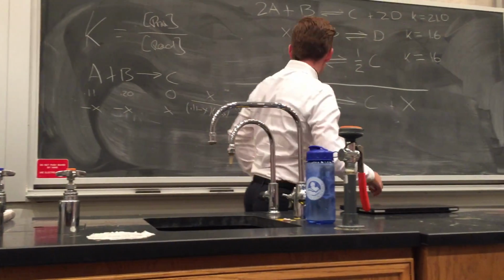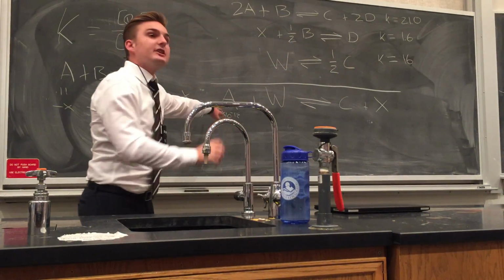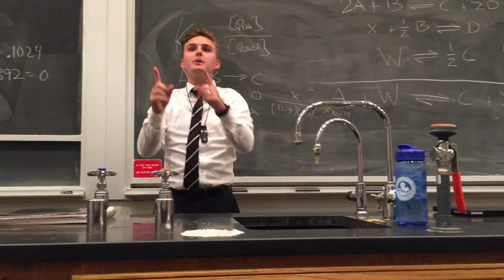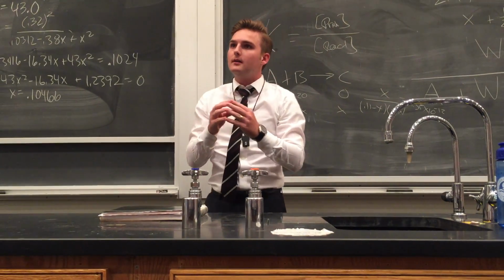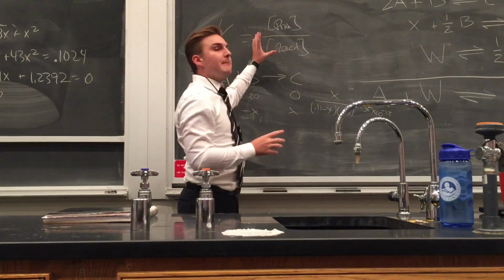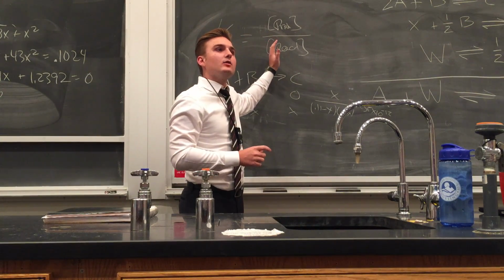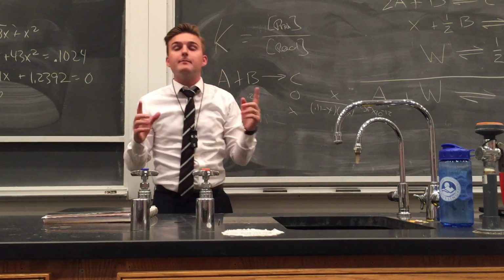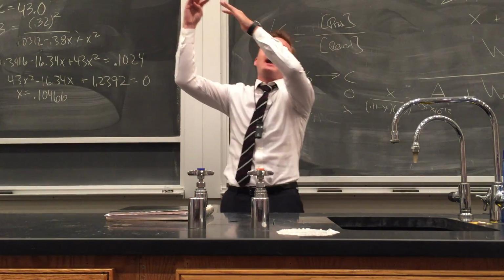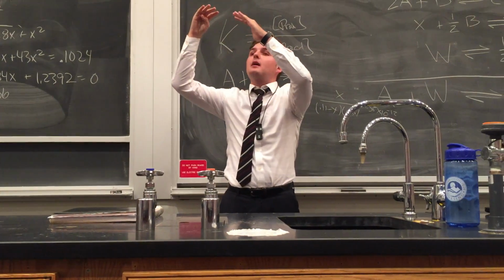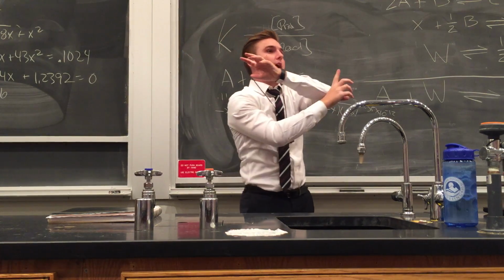Perfect. Okay, so let's understand this K value. If it's super small, I know that the amount of reactant left at equilibrium is large compared to the amount of product. I start off with all these reactants, and if my K is small, barely any of them move to products.